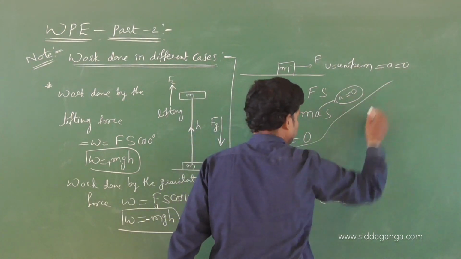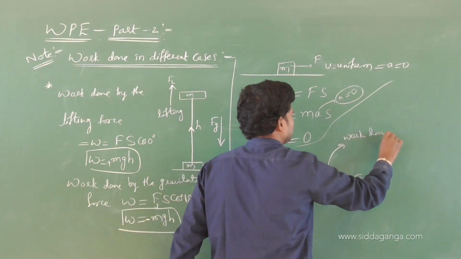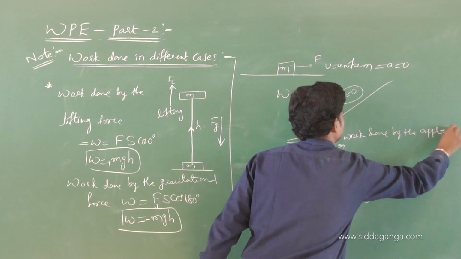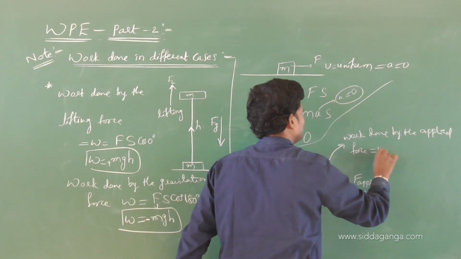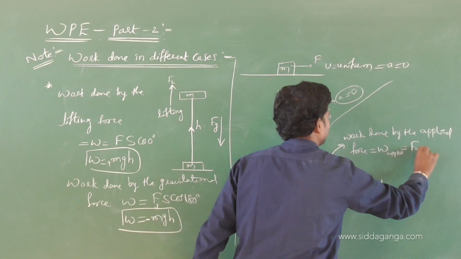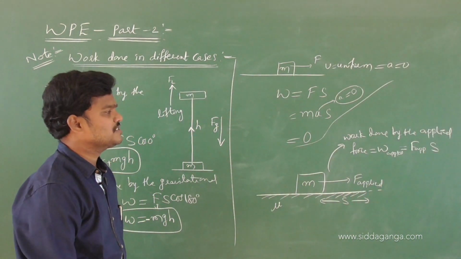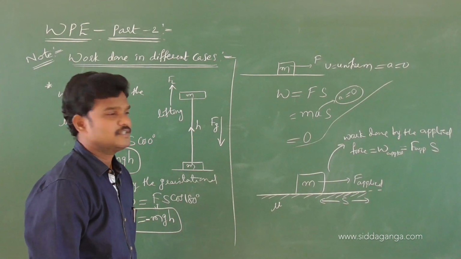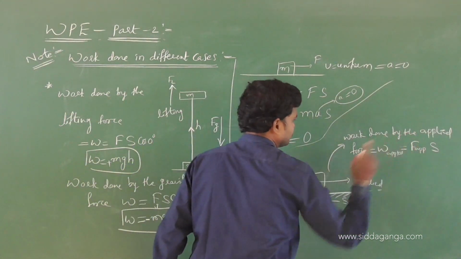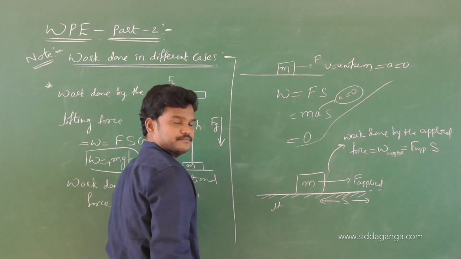Work done by the applied force, W applied, is F applied into distance. If applied force is given as something like 10 Newton and displacement is 2 meter, 10 into 2, positive. Work done by the applied force is F applied into S. If F is given, S is given, direct substitution.